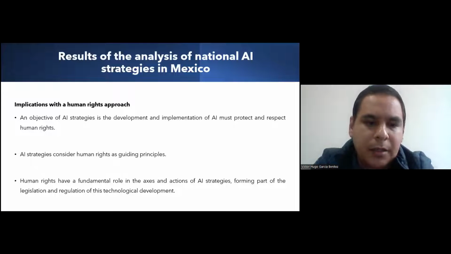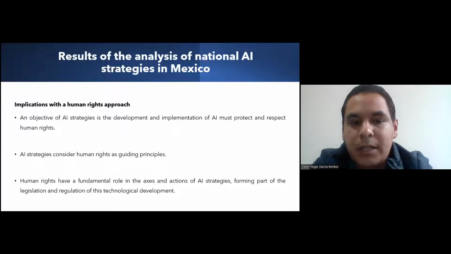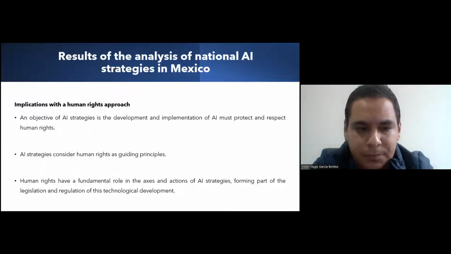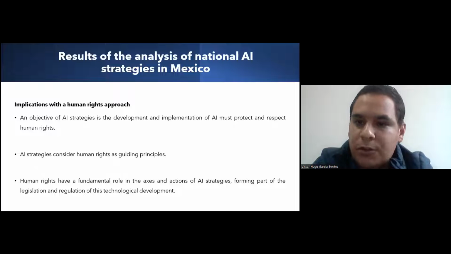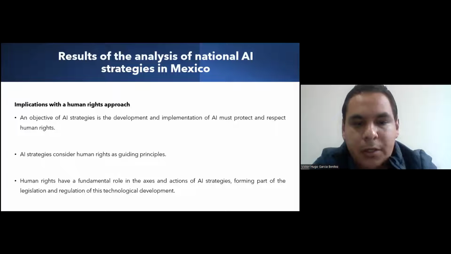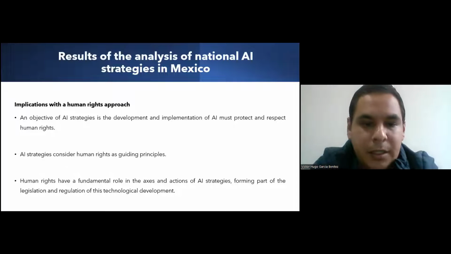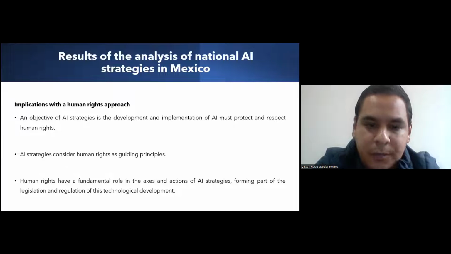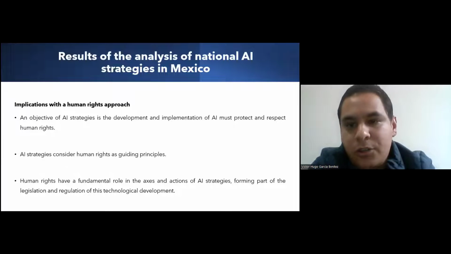The AI strategies consider human rights as guiding principles. The documents establish the protection of freedoms, the preservation of security, and the promotion of equality and justice. Human rights have a fundamental role in the scope and actions of AI strategies, forming part of the legislation or regulation of this technological development.